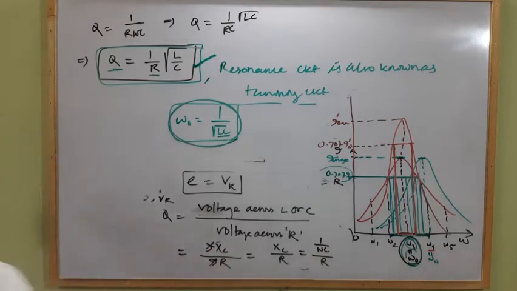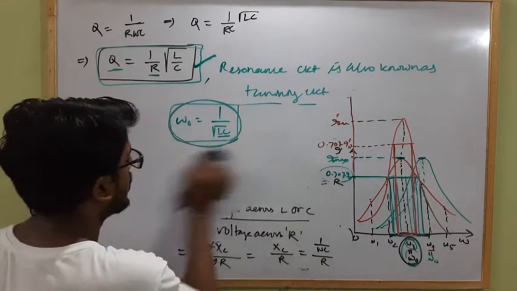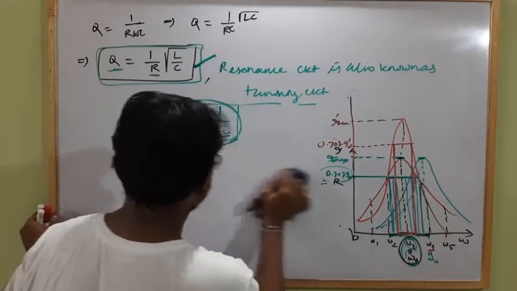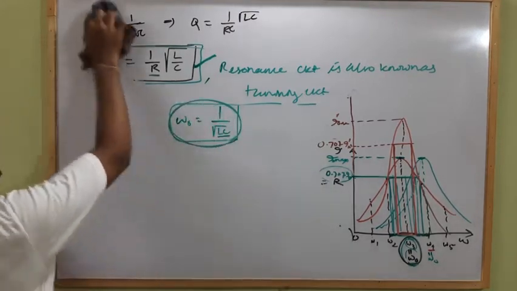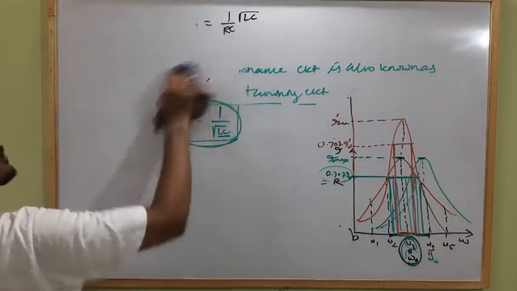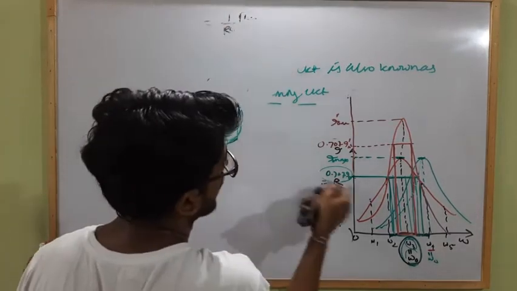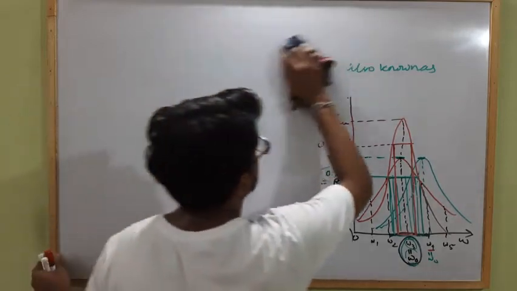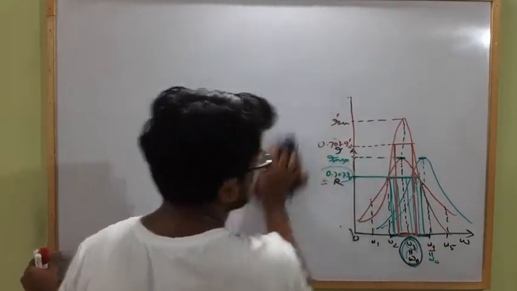Clear? And these are basically used in the communication circuits to tune the signals. And this is the graph which shows how the current will vary with different frequencies.